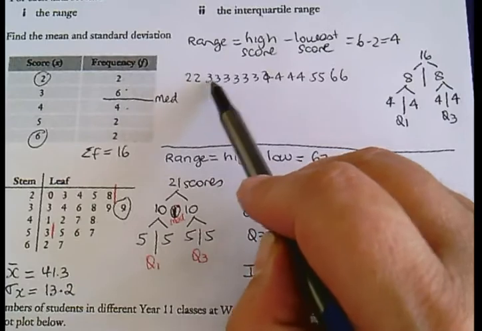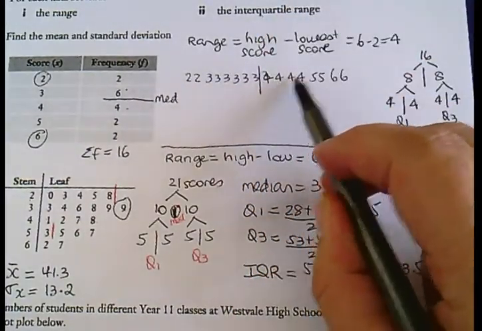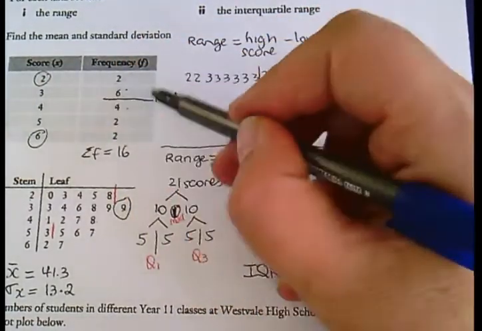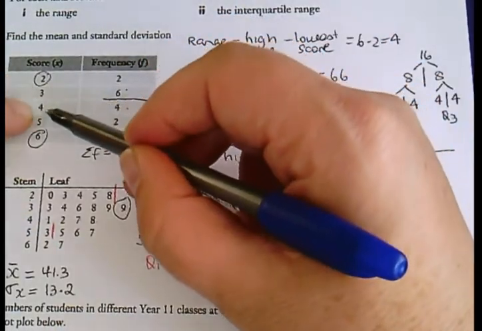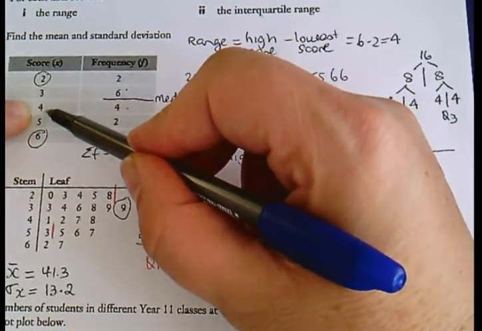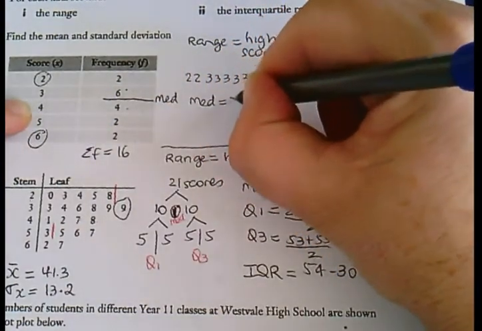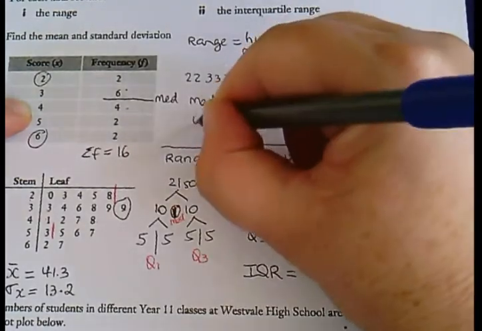Look, 1, 2, 3, 4, 5, 6, 7, 8. Put a line. 1, 2, 3, 4, 5, 6, 7, 8. Even in the table. 8 scores, put a line, 8 scores. The 8th score is 3 and the 9th score is 4. Can you see that from the table? So the median is the average of 3 and 4, which is 3.5.